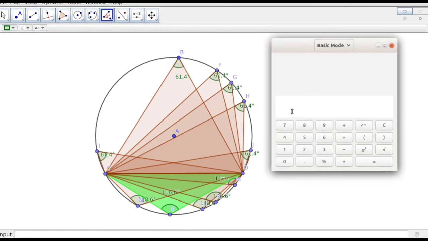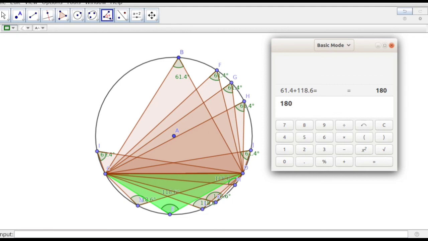We can add using this calculator. Which are the numbers? First one is 61.4 and the angle on the other side is equal to 118.6. What about their sum? Yes, that is equal to 180.